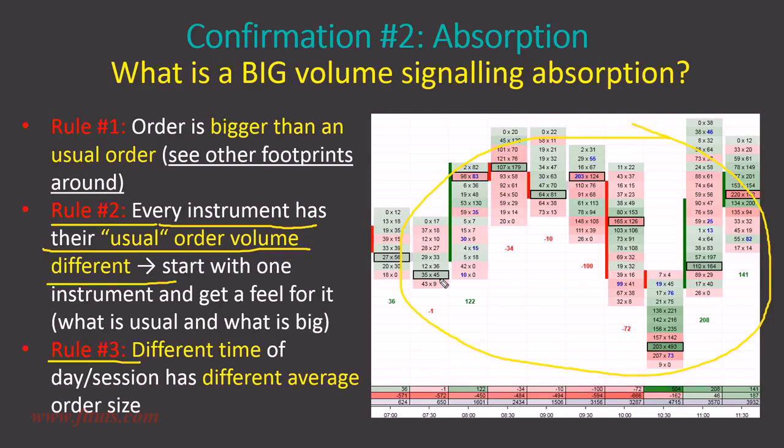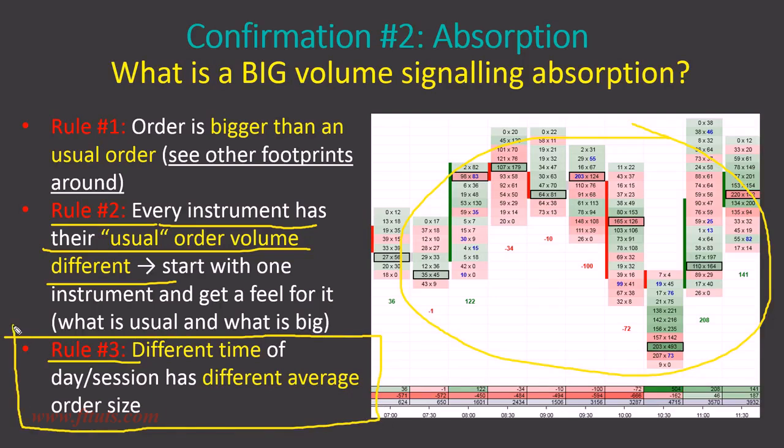So every trading instrument has a different usual order volume, alright? You need to keep that in mind. It's always best to start with one trading instrument, get a feel for it, learn to trade it, and only afterwards start with another one.